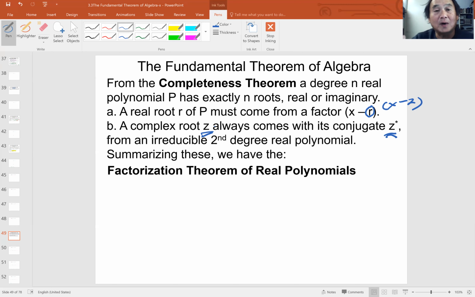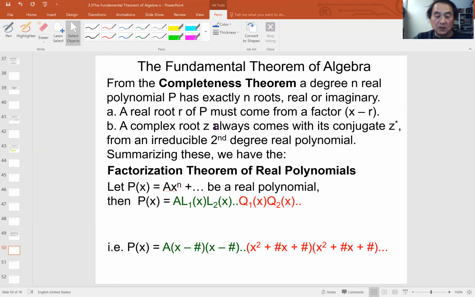It comes in a second degree polynomial, like one of those we just made up. So therefore, this is how real coefficient polynomials will be factored. Okay, so that's why it's called a factorization theorem. Therefore, any real polynomial must factor into the following format.